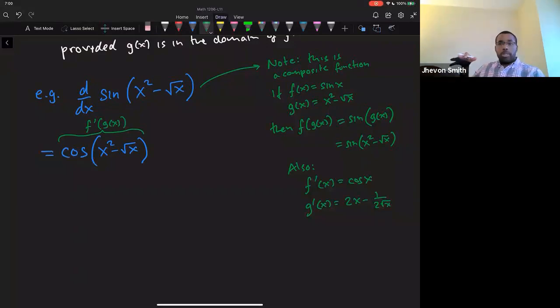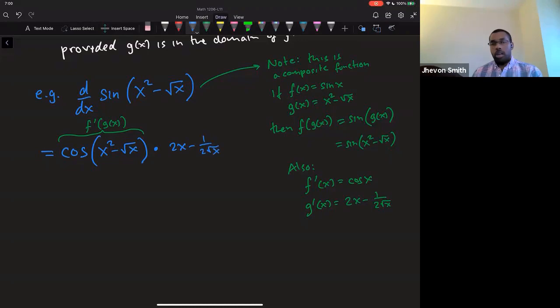Okay, so f prime is cosine of x, and you plug g of x into it, right? So just take the derivative of the outer function, which the outer function here is sine, and then leave the inside function alone at first, and then you are going to multiply by the derivative of the inner function, which we know is 2x minus 1 over 2 rad x.